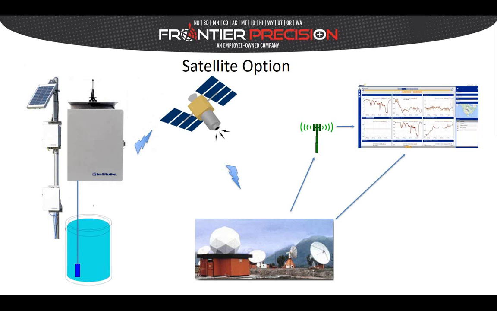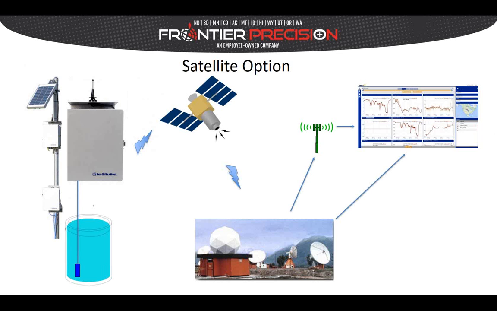Those are broadcast up to the satellite. Again, we're using the Iridium satellite constellation, a network of 66 satellites in orbit over the Earth's surface, so there should always be one or multiple satellites.